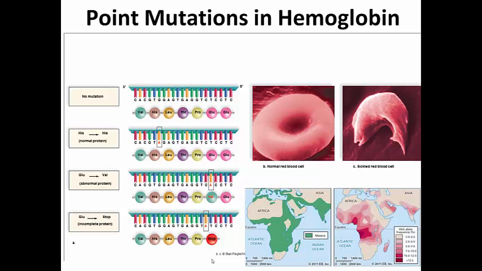Now, we do want to point out that in the case of sickle cell anemia, there are different types, but they're all caused by an SNP, a single nucleotide polymorphism, a change in one base. This is a normal red blood cell, but people that have that single nucleotide polymorphism have red blood cells that look like this.